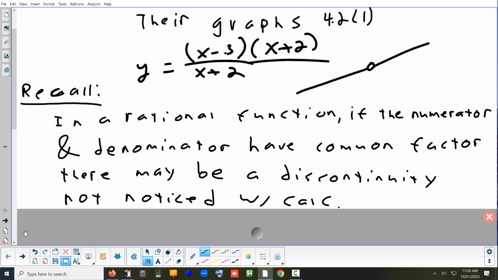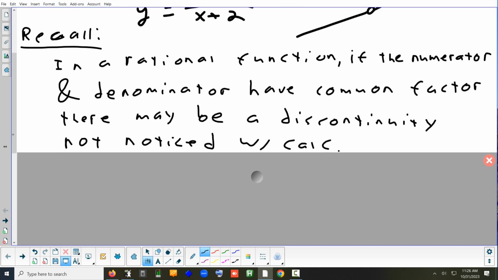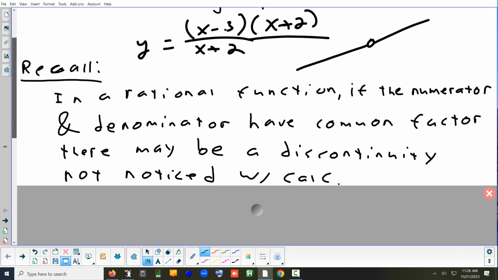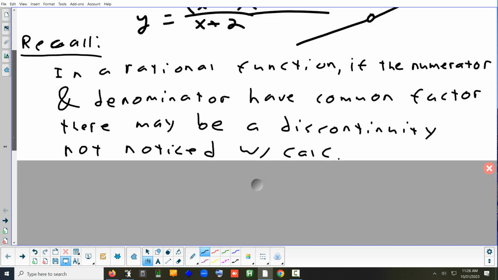Okay, so just a reminder that if the numerator and the denominator have a common factor, you can get a gap or a break in your graph that you can't see on the calculator. So the only way that you know it's there is if you go back to the original problem and you look at that.